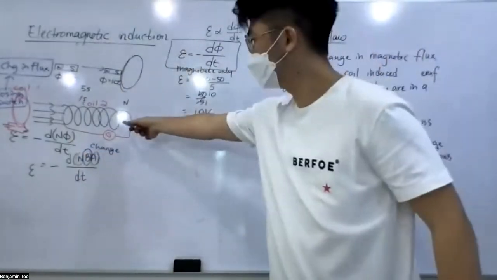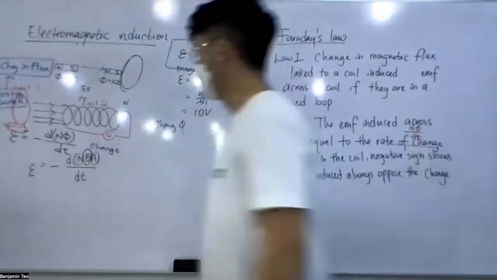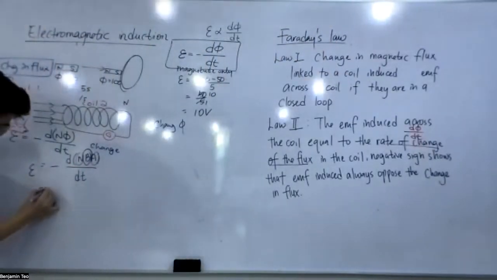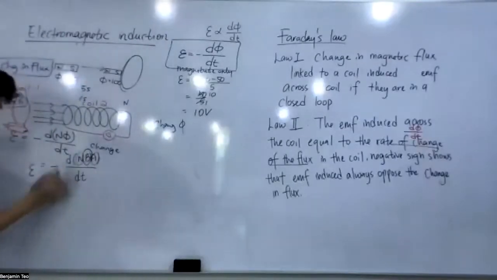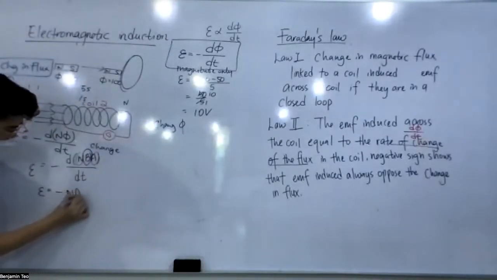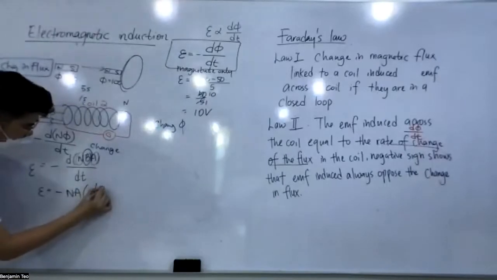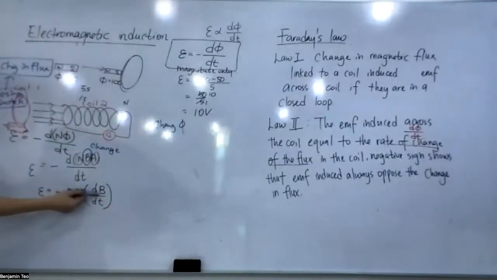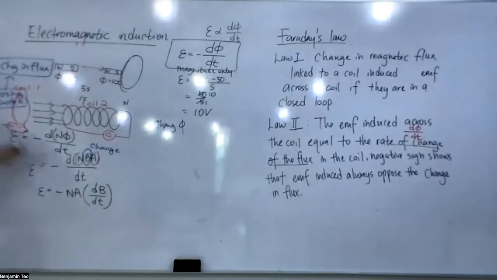In this case, I will write E equals minus constant, I can bring it up, NA, and then dB dt. Because I'm changing the flux by closing the switch, I'm changing this. This I'm not changing. It is a constant, so I will bring it up like this.